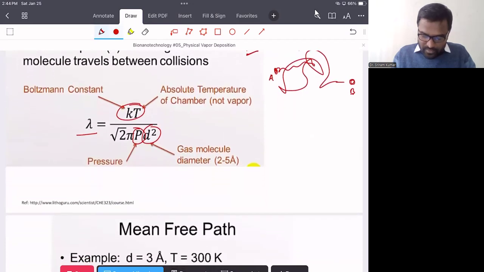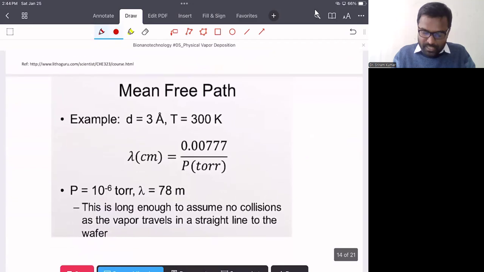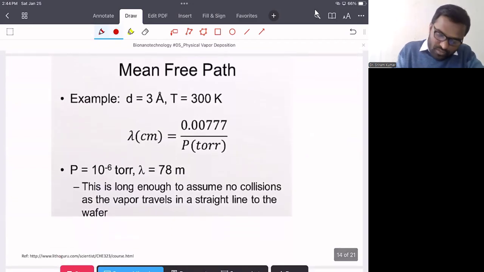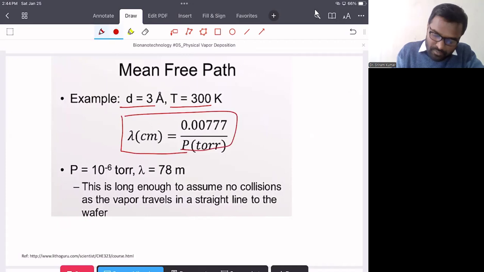Now let's understand with an example how pressure changes the mean free path. Suppose the size of the gaseous molecule is 3 angstrom, and we are depositing at 300 Kelvin. Based on that, we can have a simplified version of the mean free path: something constant divided by the pressure P in torr.